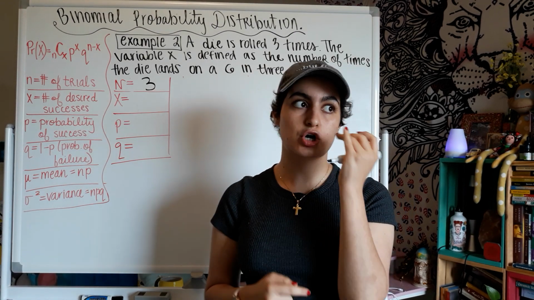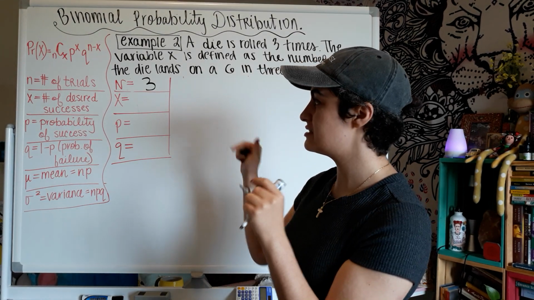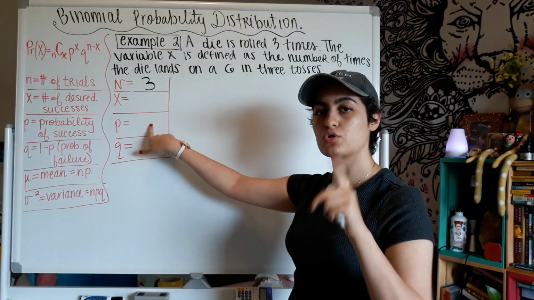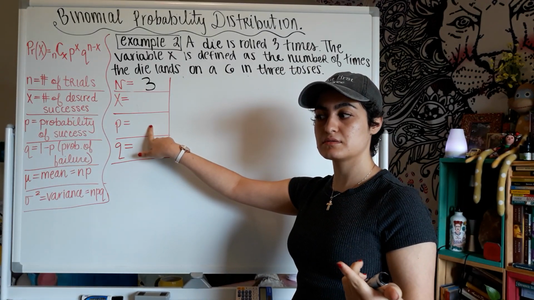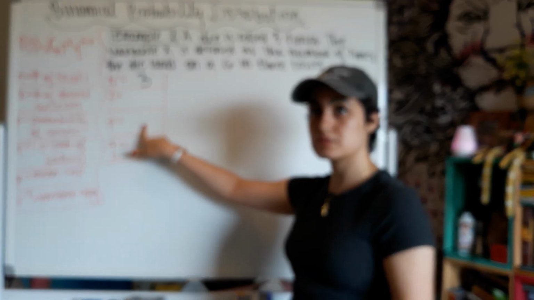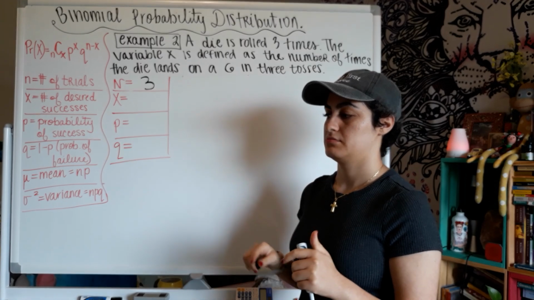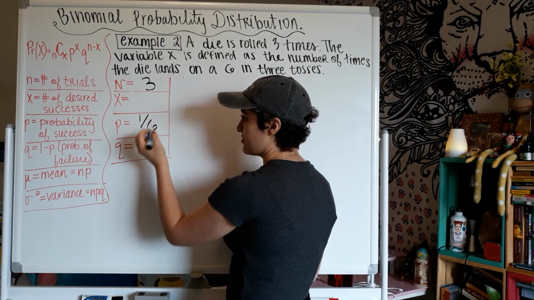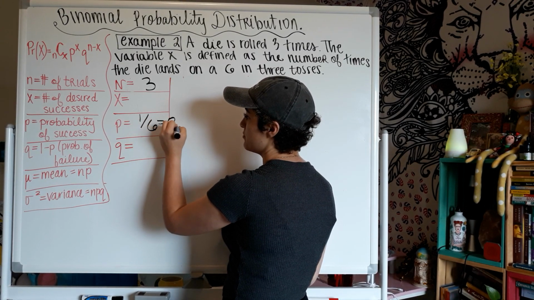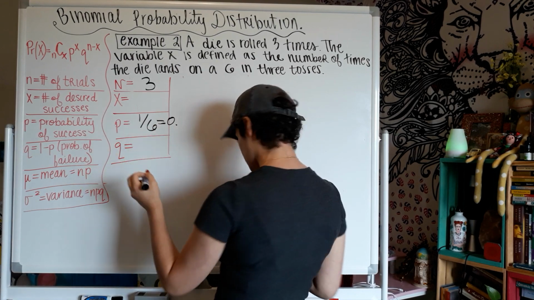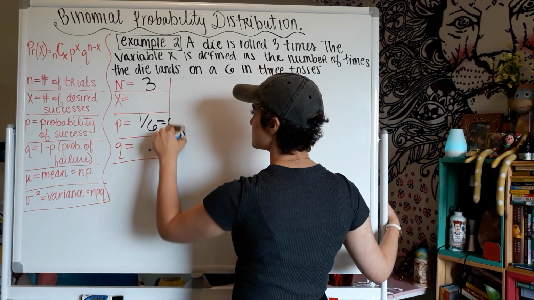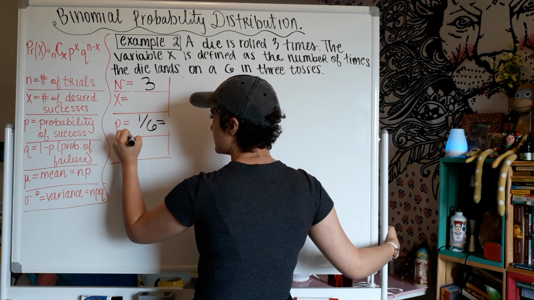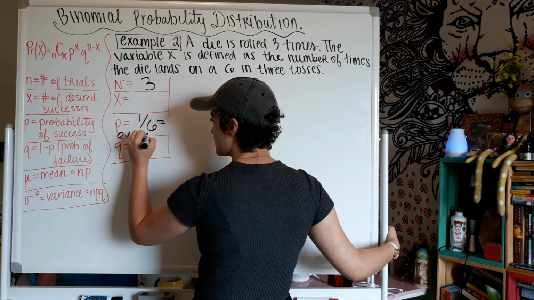So let's leave X for last. Probability of success. So what are the chances that I roll a die and it lands on a 6? 1/6. And that converts to 0.1667.